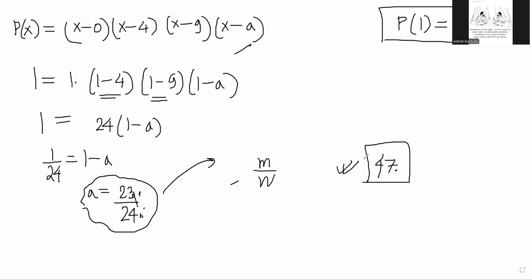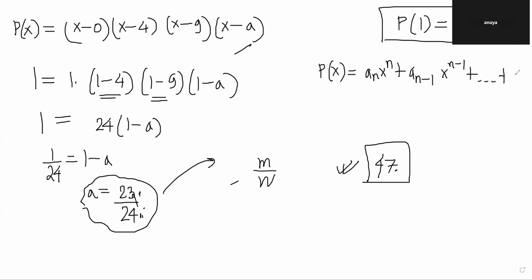Yes. So the point here to remember is, in polynomials, when you know the roots or you want to characterize the roots, you should always remember that any polynomial, even if it looks like this, a_n x^n plus a_(n-1) x^(n-1), and so on till a_0. This is a general polynomial.